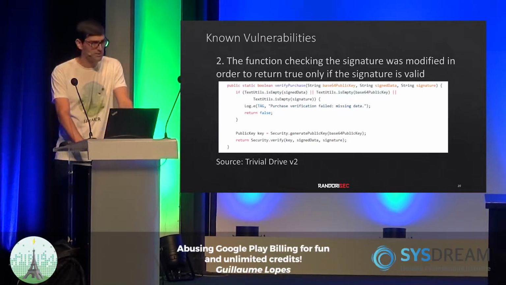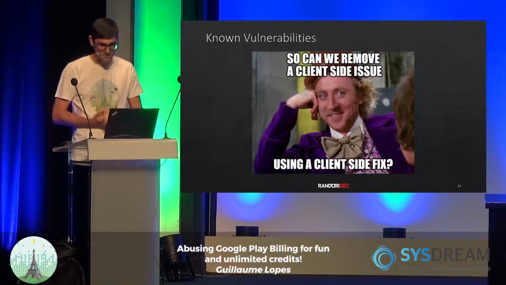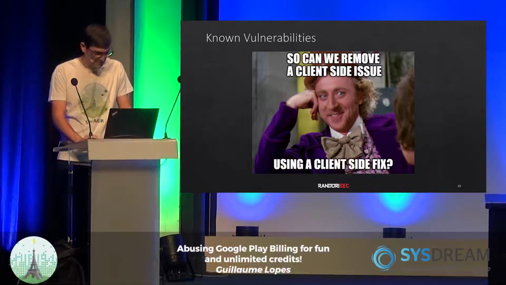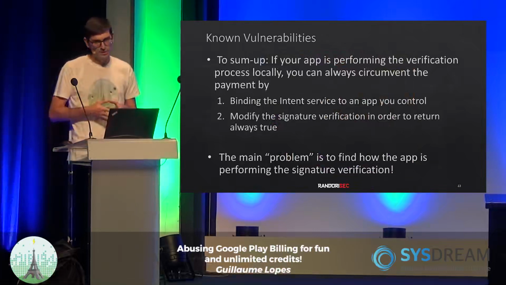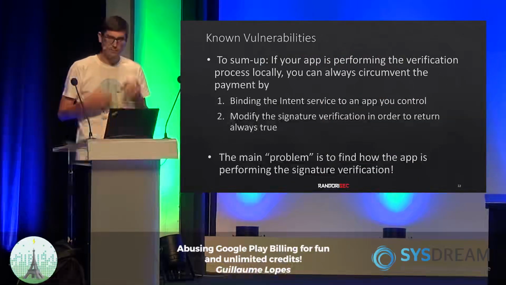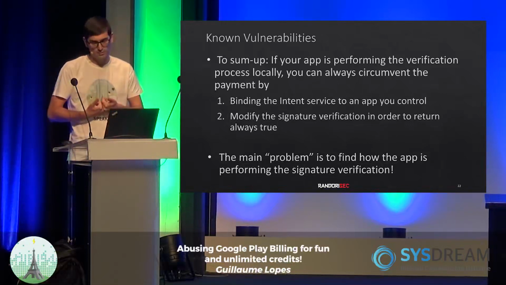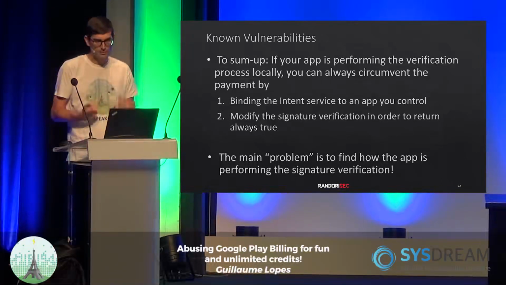So now the question is, can we remove a client-side issue using a client-side fix? Spoiler alert, no. In fact, you can still bypass the payment even with those fixes, because if your Android application is still performing local validation for the payment, you can still modify the application to set the package to an application you control, and modify the verify purchase method to always return true.